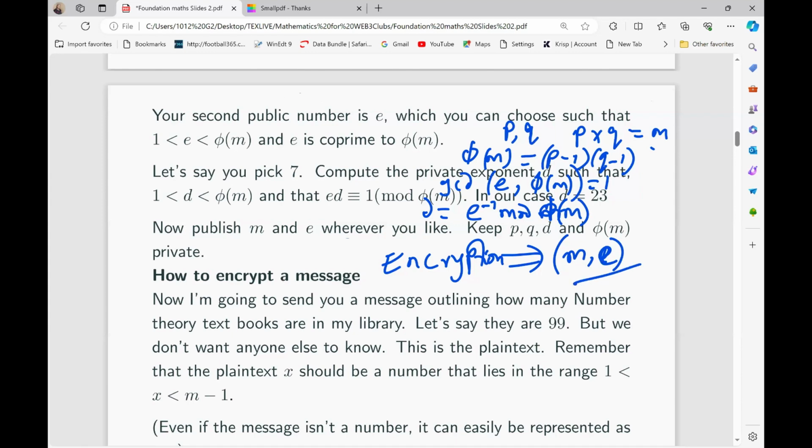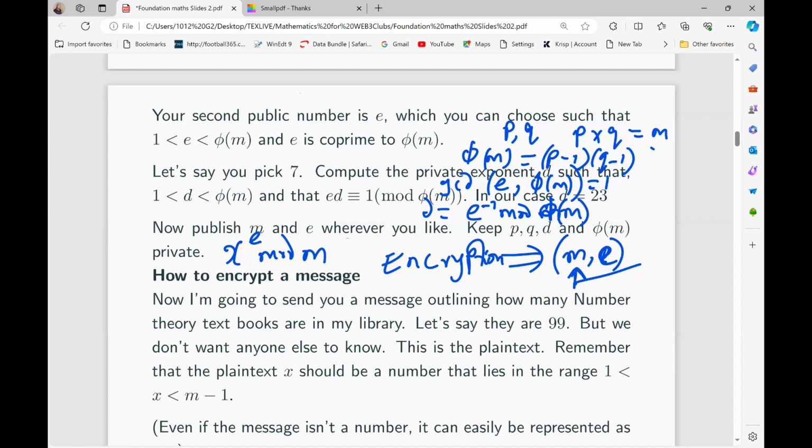You made this public. I have this message I want to text. I want to encrypt it. How do I encrypt it? I just take my message and raise it to E mod M. Remember, you had also made M public.